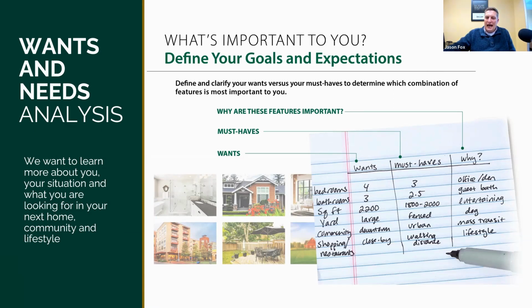So having this ability for them to talk through, well, what does a large yard mean to you as a group? Figuring out a lot of that stuff ahead of time can save you a ton of wasted time, as you're sending what you believe to be large yards, an acre, or whatever, and then there's what you think is a large yard. Yeah, so really drilling down and figuring out what that stuff means. Absolutely.